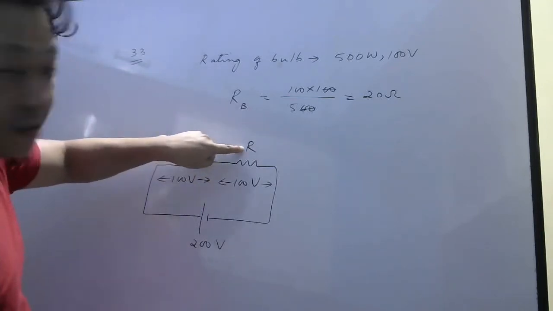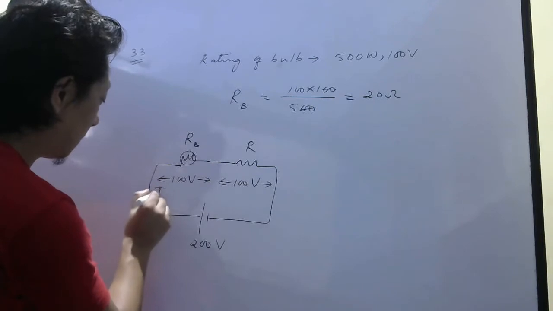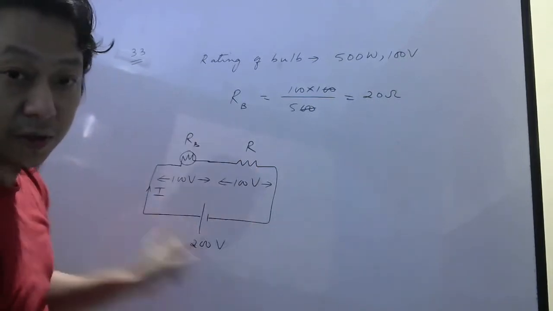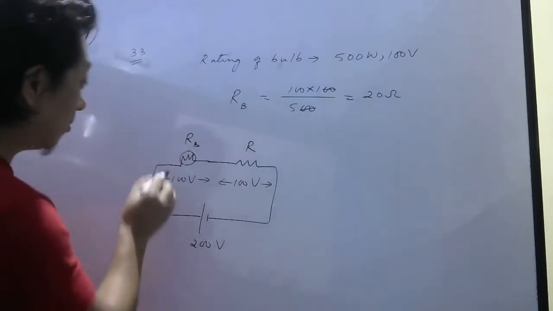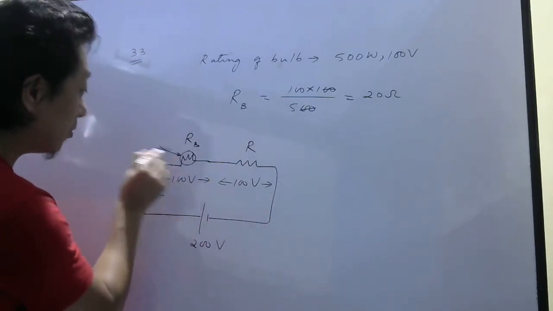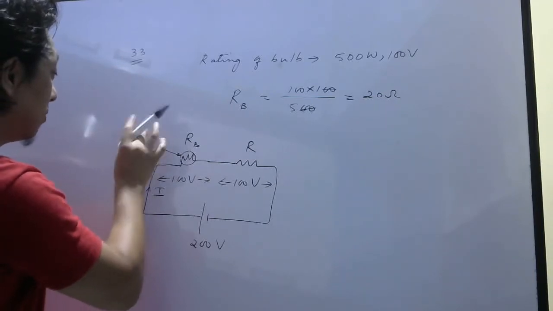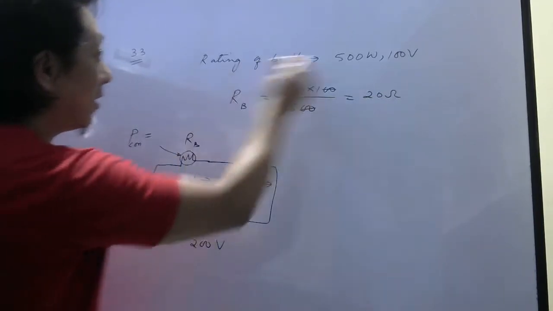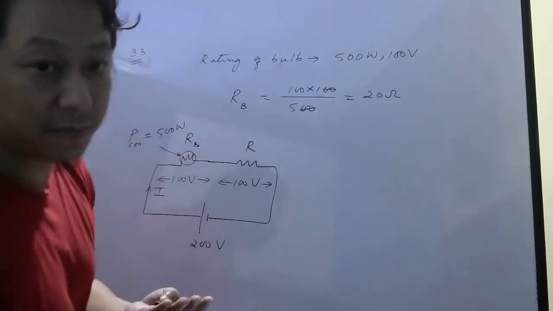To find this resistance, now I need to find somehow the current flowing in the circuit. There's no point doing R equivalent because you don't know R itself, right? So what you can do, you know that this is consuming this power only. So in this problem, power consumed must be same as rated power. Why? Because they want the bulb to glow with maximum brightness.